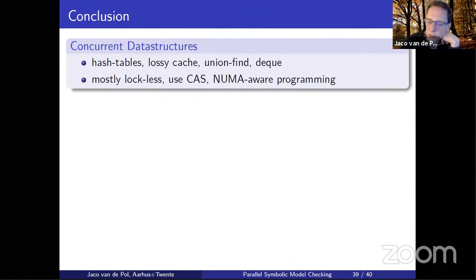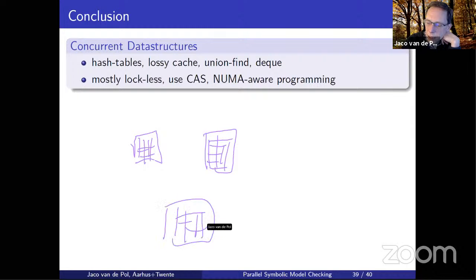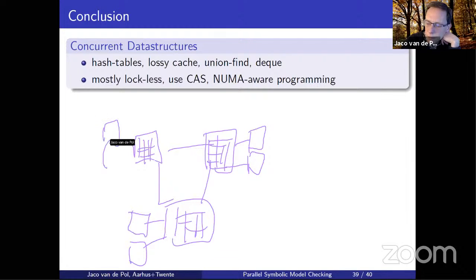So in a NUMA you have these memory blocks, and here's a memory block, and maybe here's one, and these are connected, of course, and then you have the processors. There are a couple of processors here and here and here. Now you are right.